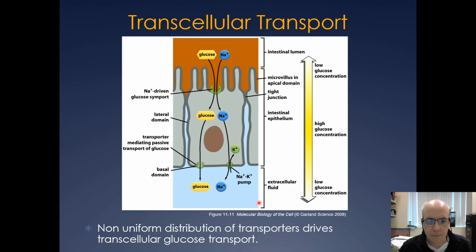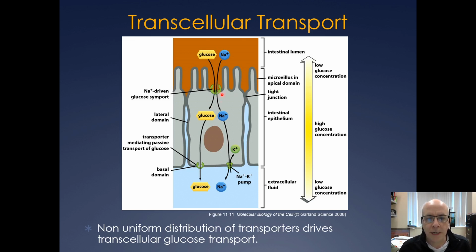As we look at this figure, I also want you to think back on how we were talking about protein sorting. The cell needs to know how to get the transporters to the right location, right?